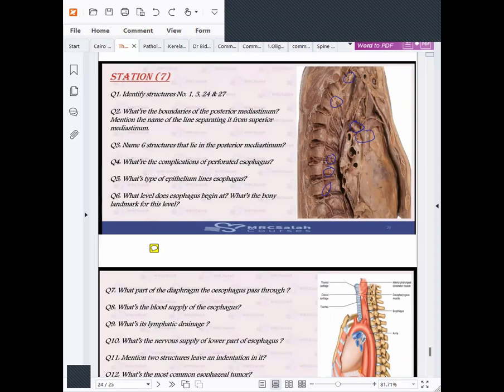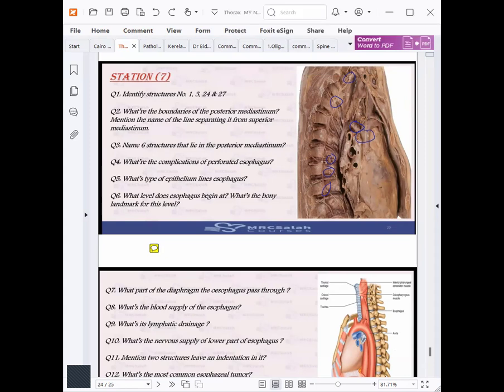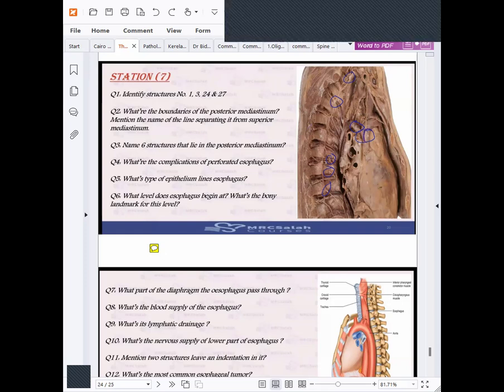Branch of the splanchnic nerve. Okay. Number 24. Here is 24. I can't see it. Where is 24? Here is 24. I'll make it a little larger.